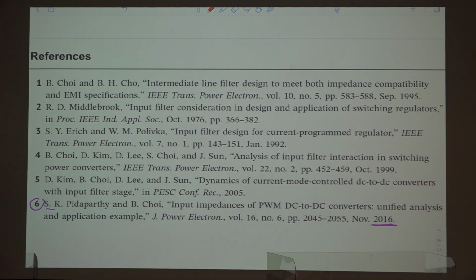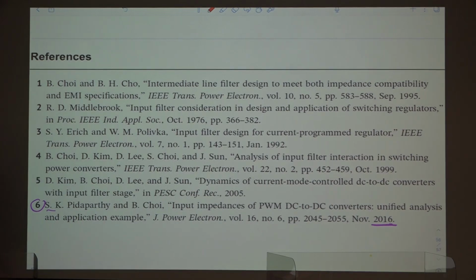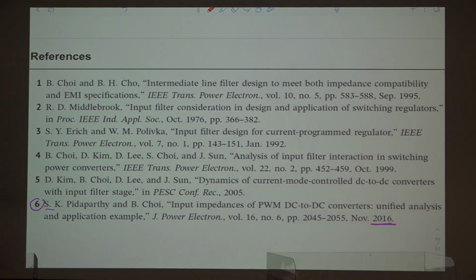There is another important paper about input filter interaction for current programmed regulators, meaning converters with current mode control. He claimed he first found this problem, but I observed it before his report.